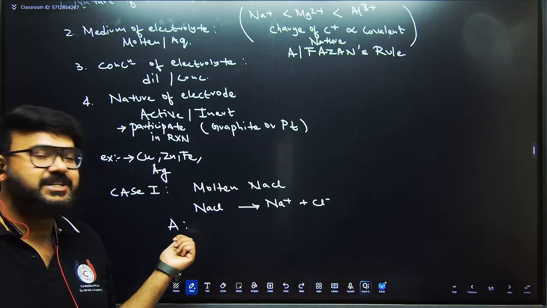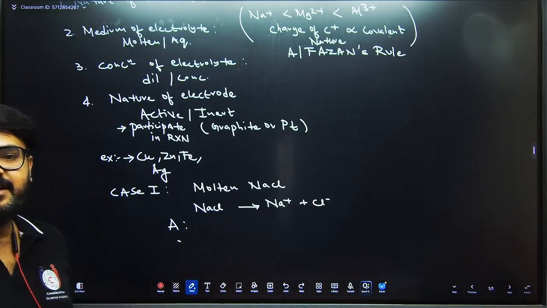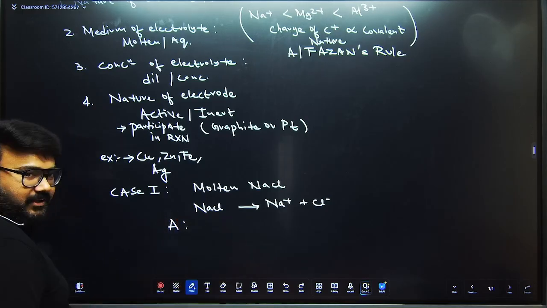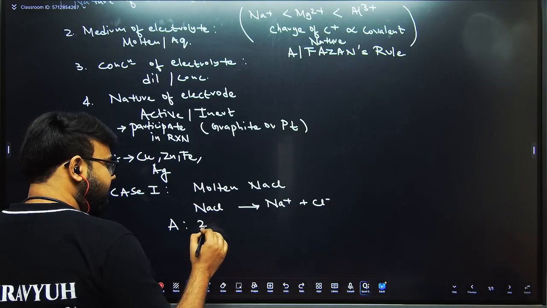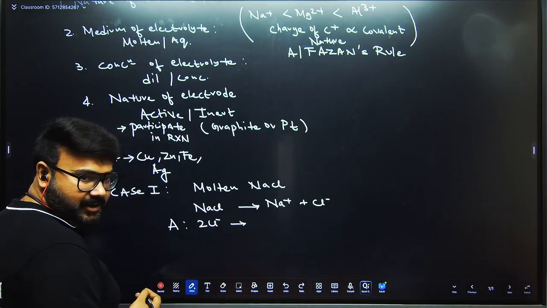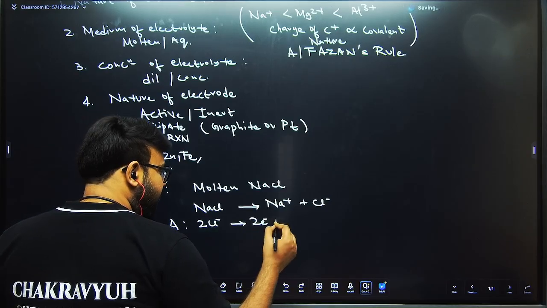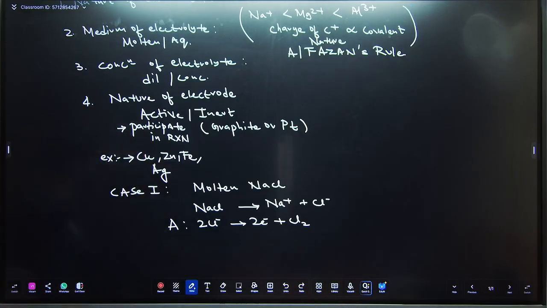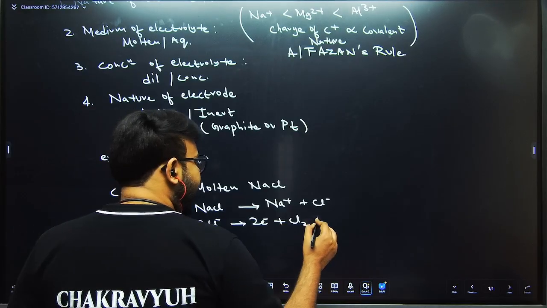If it is positive, who will get attracted? Anions go to anode, cations go to cathode. Anode is oxidation, right? So loss of electron. Chlorine gas will be liberated at anode.